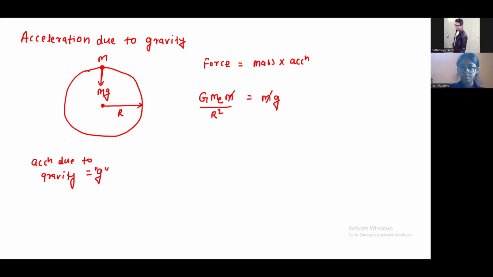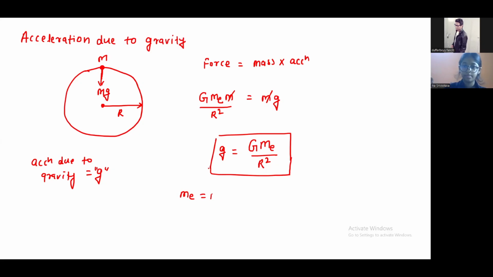Here m cancels out, so you will get the value g = G Me upon r square, where r is the radius of earth and Me is the mass of earth.